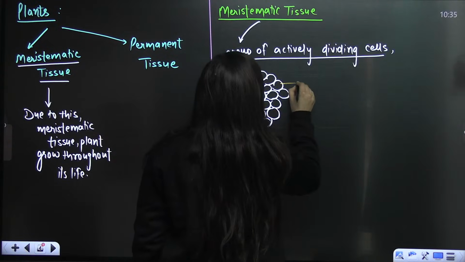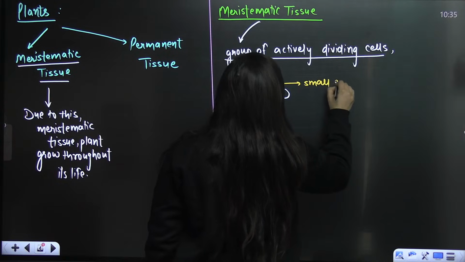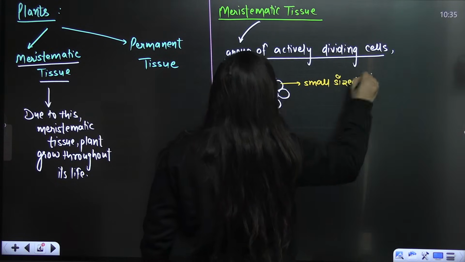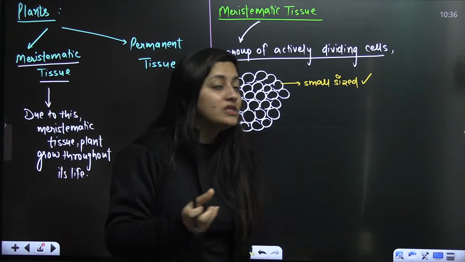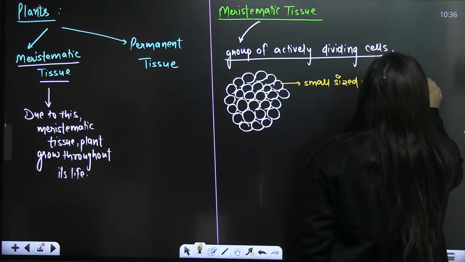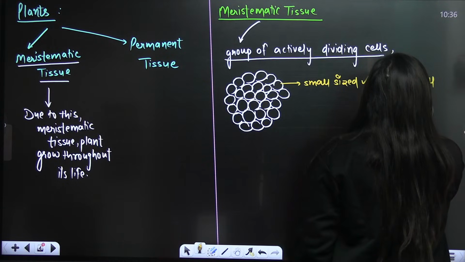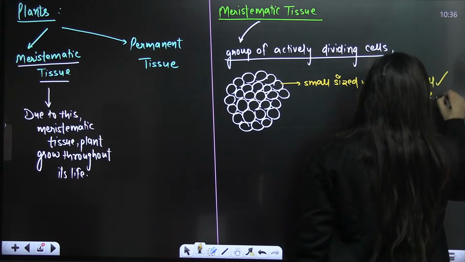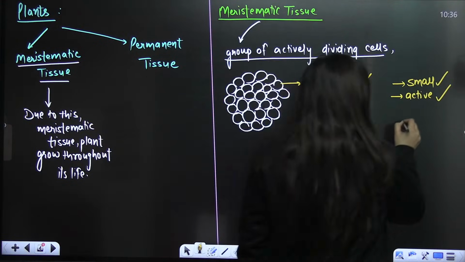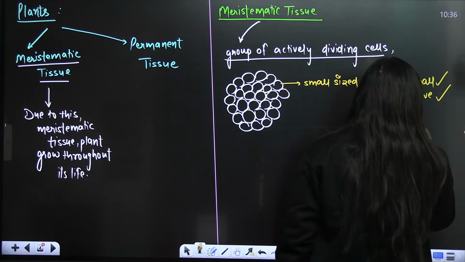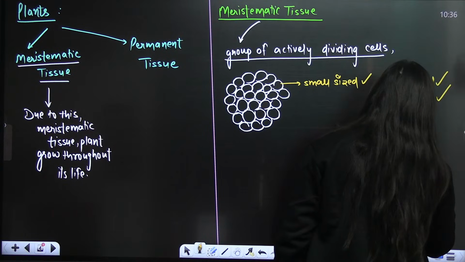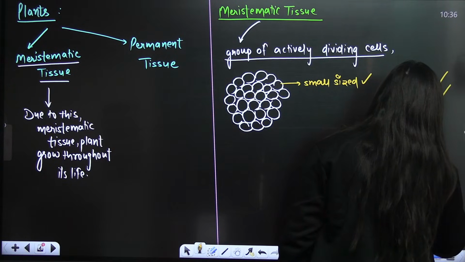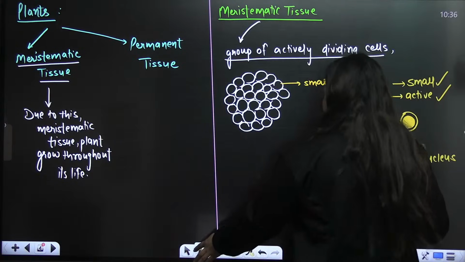Now, here when you look at the cells, they are small sized. Why? Because they are actively dividing. You know that when a cell is small in size, the cell is going to be active. Small in size, active. We know that such cells will have a large nucleus, right?